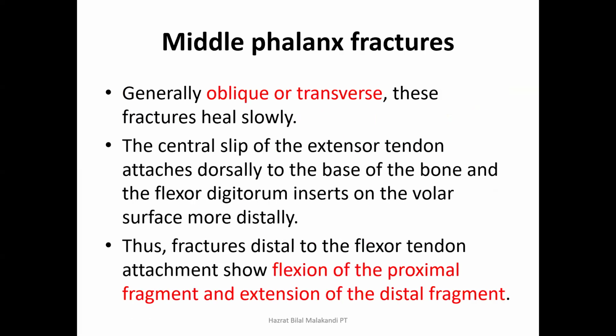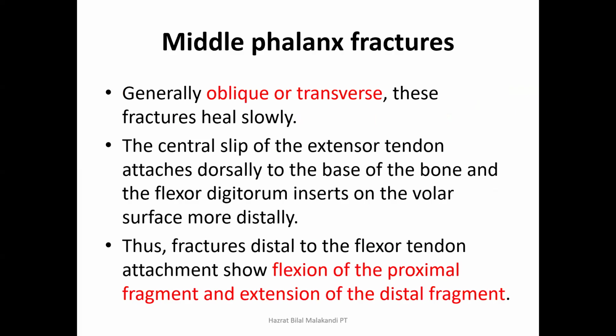Middle phalanx fractures can usually be of both types. They can be transverse or oblique, but as compared to the proximal phalanx, the healing process of the middle phalanx is slower. The central slip of the extensor tendon attaches dorsally.